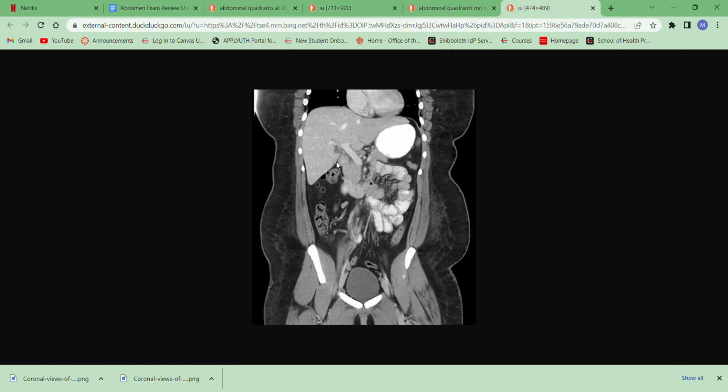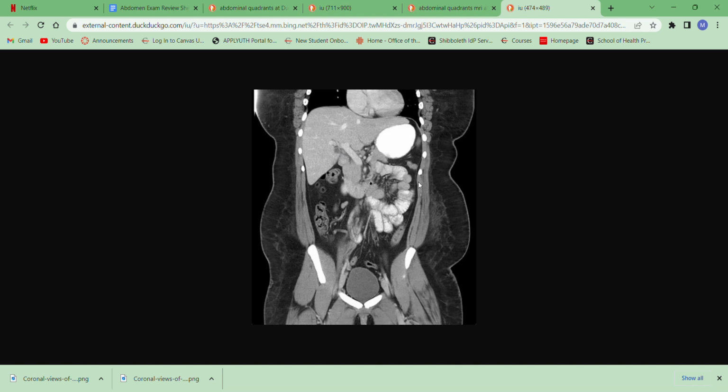Here's an MRI image to give you another idea. So here's your outline of your liver. You're going to have your spleen back here, stomach here. The pancreas goes kind of transverse, so it'll be going across right here.